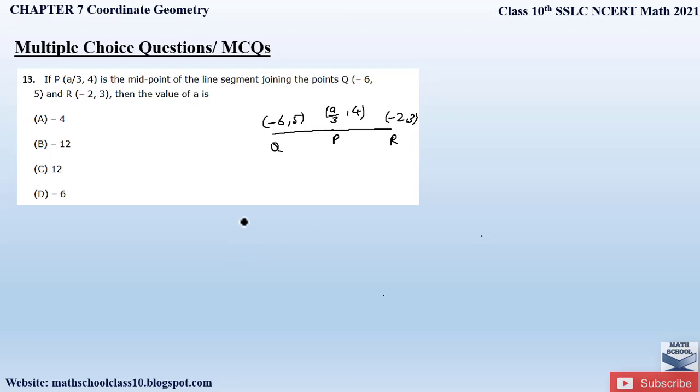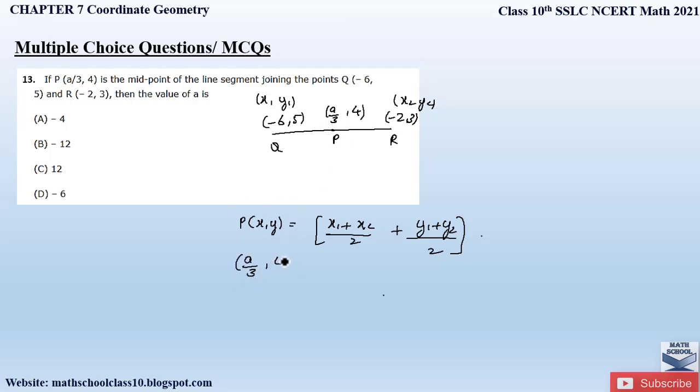So the midpoint formula we already know is given by x1 plus x2 divided by 2, y1 plus y2 divided by 2, right? So let us assume point Q to be x1 y1 and point R to be x2 y2. So substituting, we know already the midpoint, which is A by 3, 4.